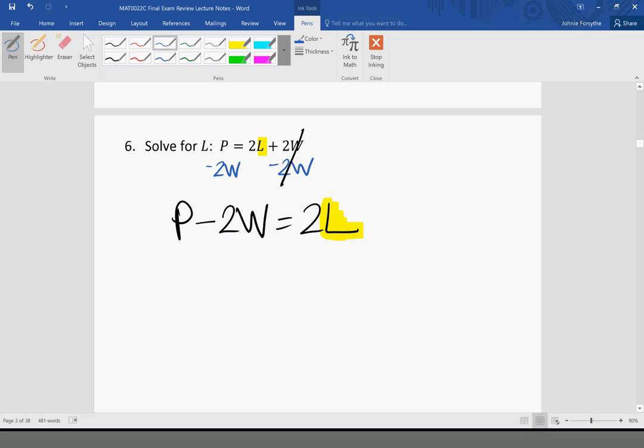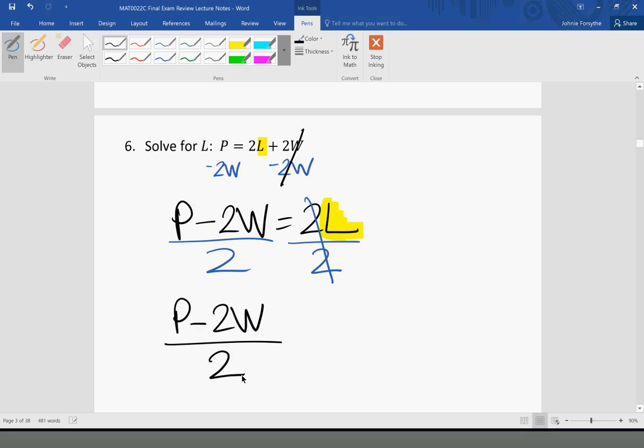So it's 2 times L, so I want to divide by 2 so that the 2 will cancel on the right, and I'll just have L equals everything else. So on the left, I have P minus 2W divided by 2 equals L. You could split that up if you wanted to, but you don't have to. You can just leave it just like that.